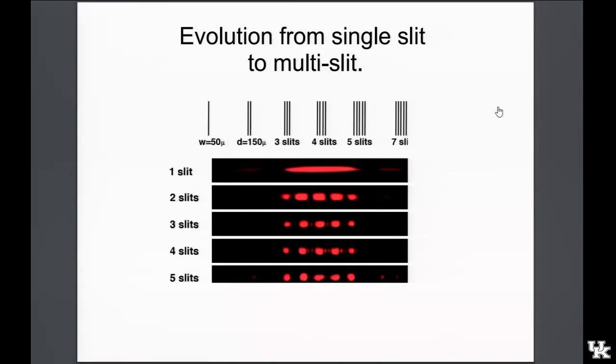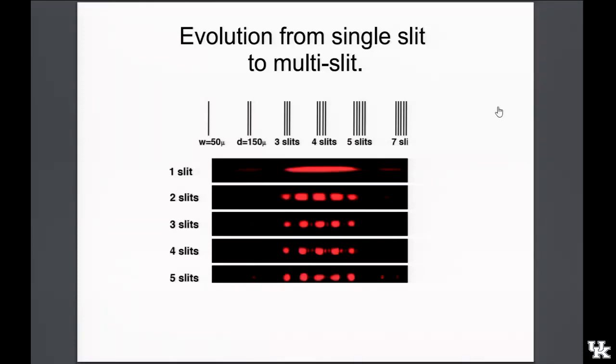Go to 3 slits, you get a similar sort of pattern, but an interesting thing starts to happen as you go to 3 slits, 4 slits, 5 slits, and more slits. The locations of the bright spots become smaller and smaller, so you just get occasional bright spots. The dark regions become larger and larger.